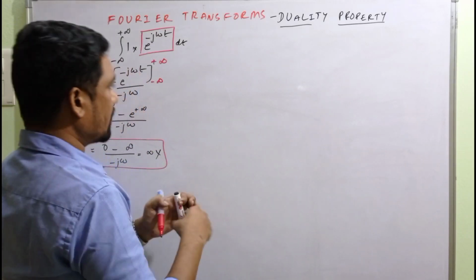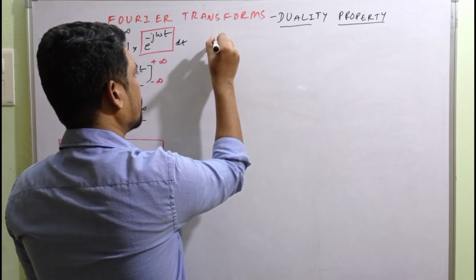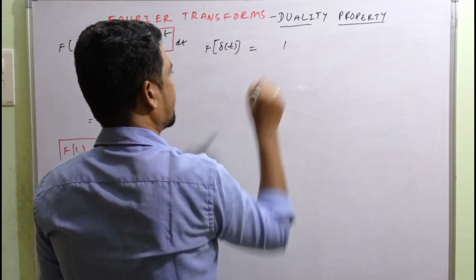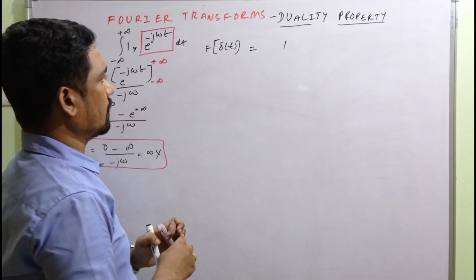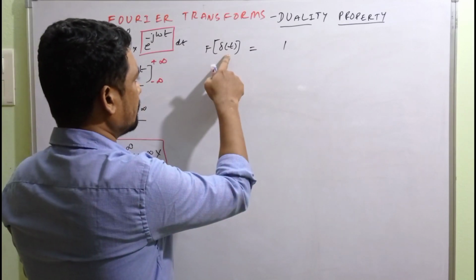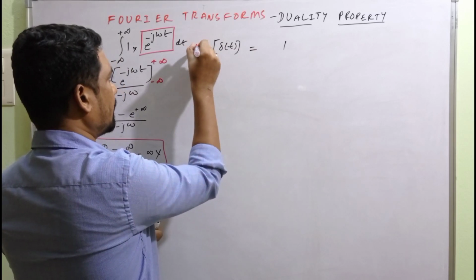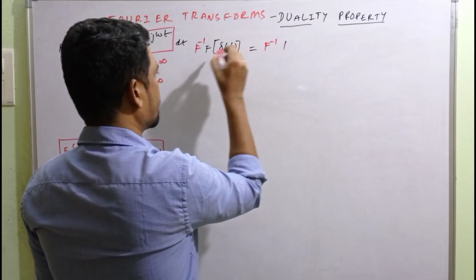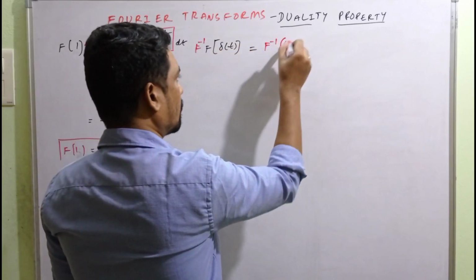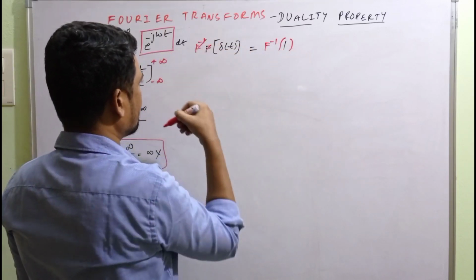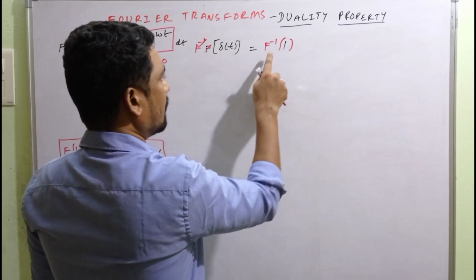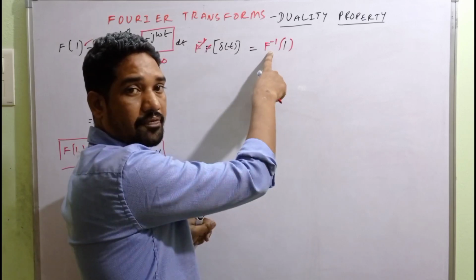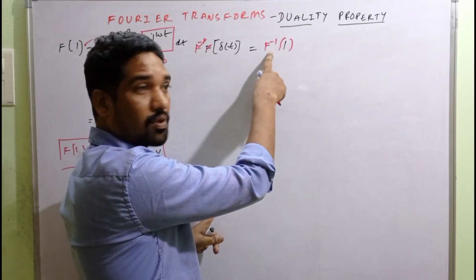Just now we have seen what the Fourier transform of the impulse function del of t is. It's 1, isn't it? So I need only this one. What should be done? It should be going for the inverse Fourier transform of 1. What is the equation to evaluate the inverse Fourier transform of this one?